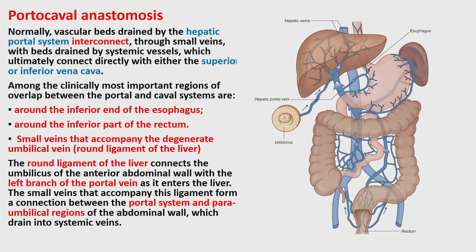Yes, exactly. So let's say in the normal condition, the portal vein is carrying the blood from the digestive tract, full of nutrition. From the spleen, the destruction of the red blood cell. From the pancreas, the hormones. From the stomach, aspirin, alcohol.